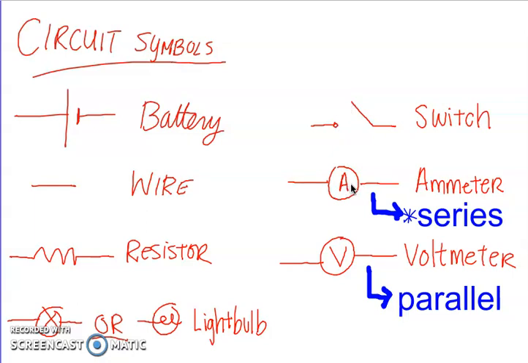Then you have an ammeter, which is used to measure current, and that needs to be placed in series with your circuit element. If you're measuring the current through a resistor, it needs to be in line with that resistor. The voltmeter needs to measure in parallel to that resistor. Series and parallel is something we'll discuss more as we explore circuits, but just know that an ammeter is designed to measure the current in the circuit and a voltmeter is designed to measure the voltage.